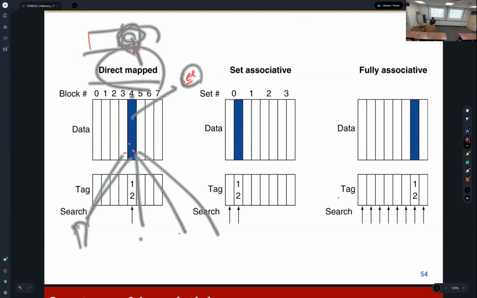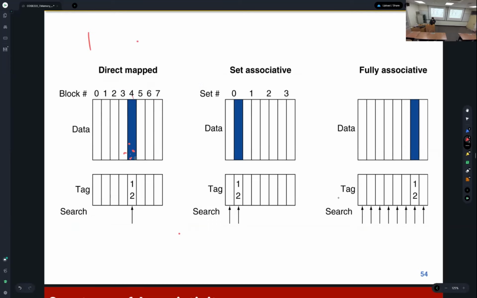In this example, this cache has 8 blocks. Direct mapped cache means that one cache set contains one block.